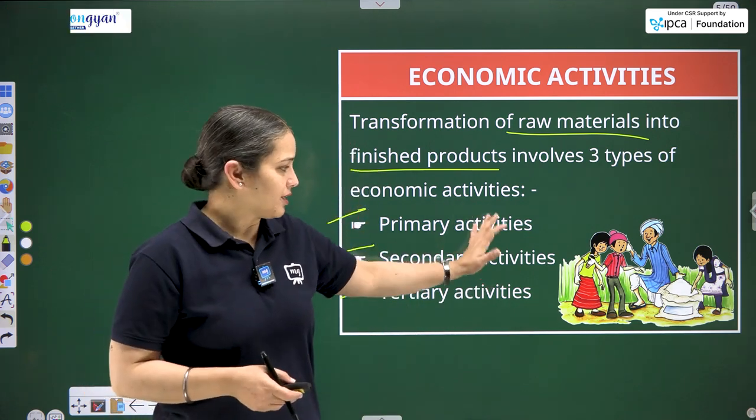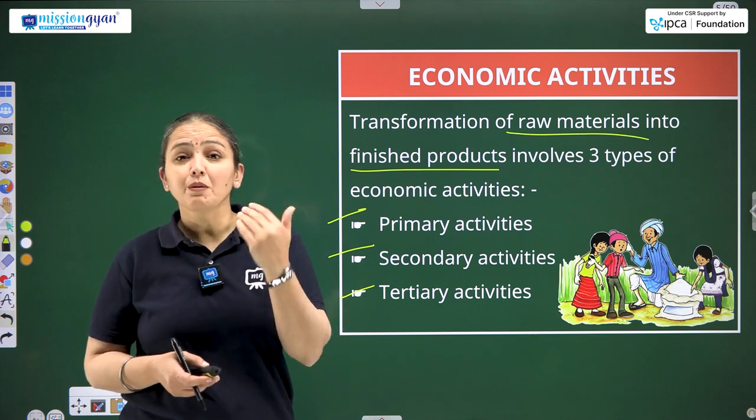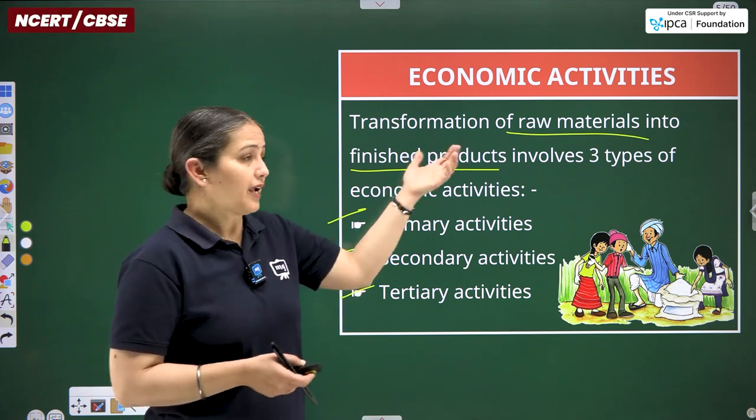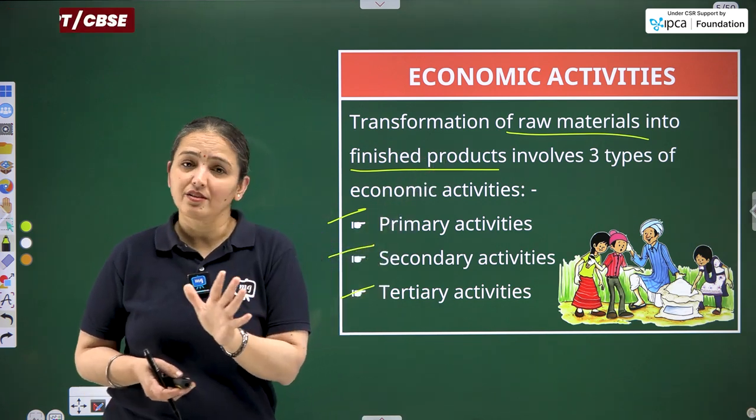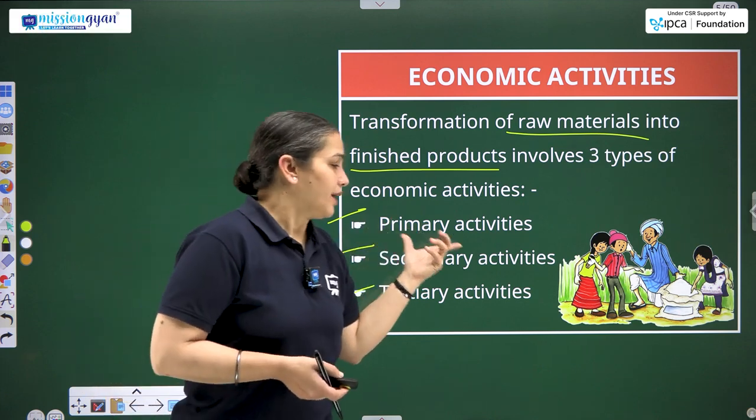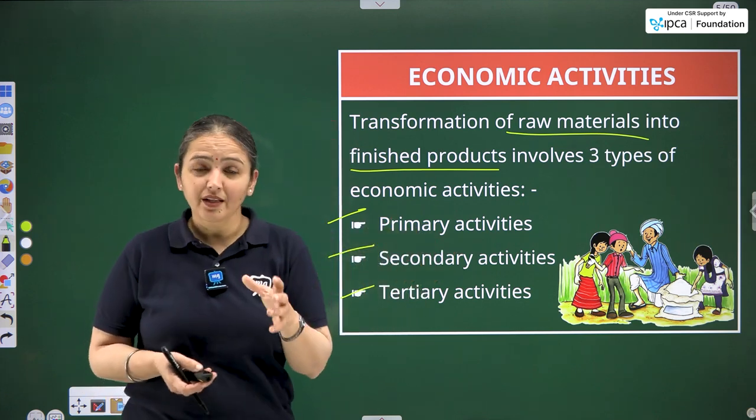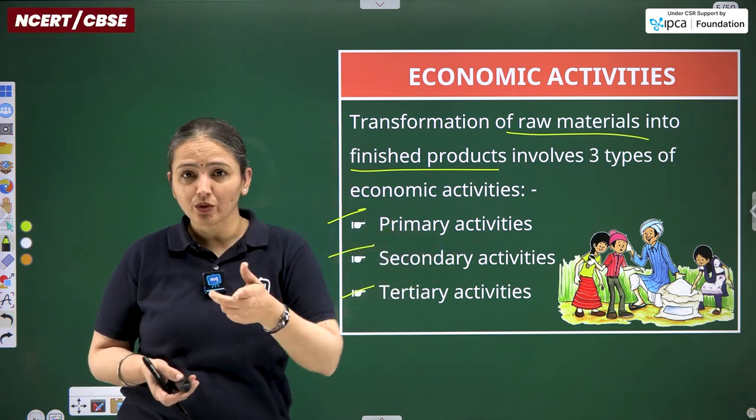Now over here, within these three types of economic activities, people are earning. Let's take agriculture as the example. In the primary activity, through agriculture, crops are grown.